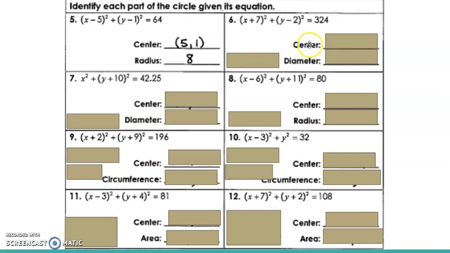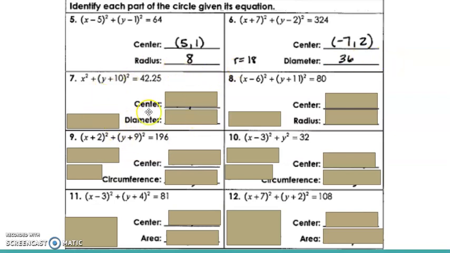For number 6, it's again asking for my center, so I can easily see that that's going to be (-7, 2). But now it's asking for the diameter. Remember, the diameter is 2 times our radius, so I can first start by picking out my radius. The square root of 324 is 18, so I multiply my radius by 2 to get that my diameter is 36.